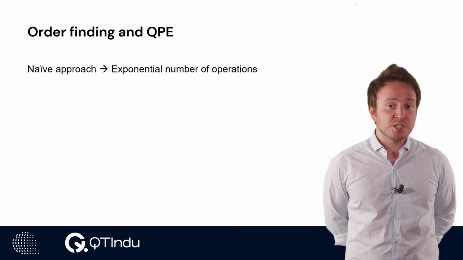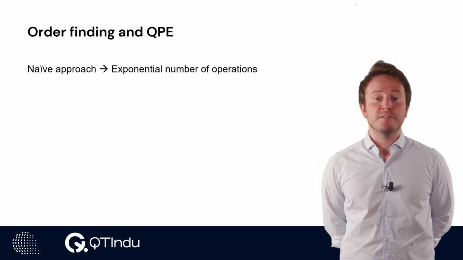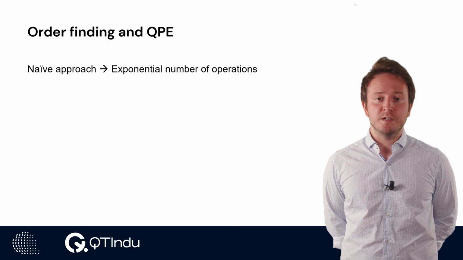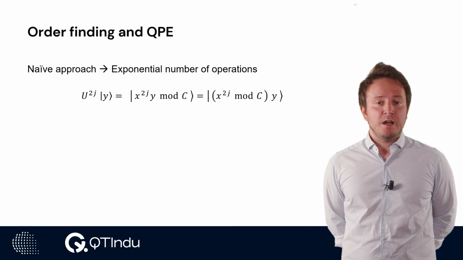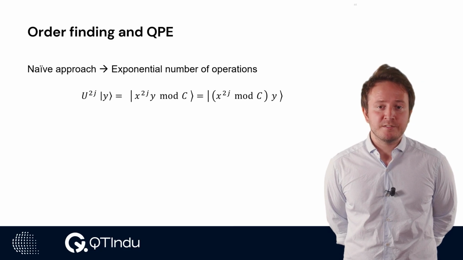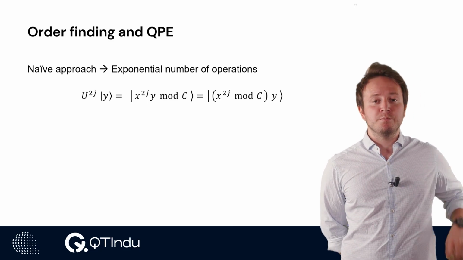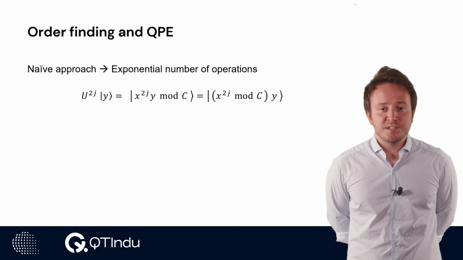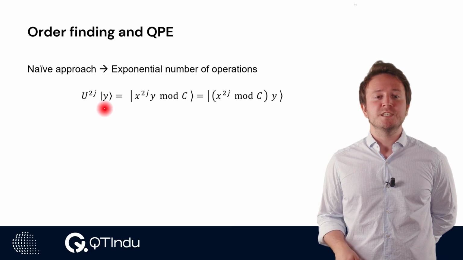In a naive approach, we need to apply this operation an exponential number of times as the size n of the number increases. However, we can use a trick to significantly reduce the number of operations that we need to apply.